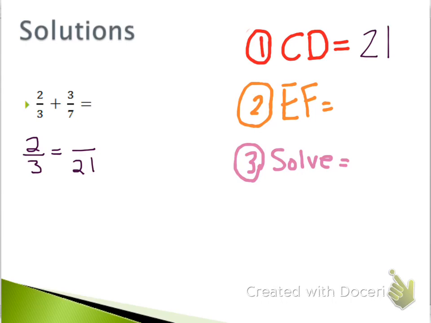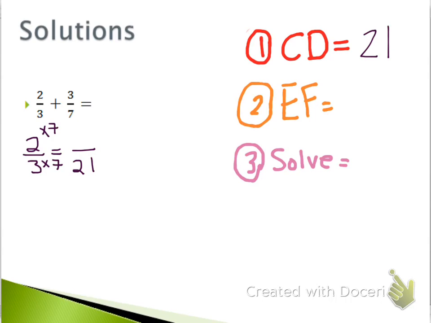And I'm going to figure out what goes in the numerator over 21 by thinking about what do I have to multiply the 3 in 2/3 by to get 21. And I know that 3 times 7 is equal to 21. And so I'm also going to multiply this numerator by 7.